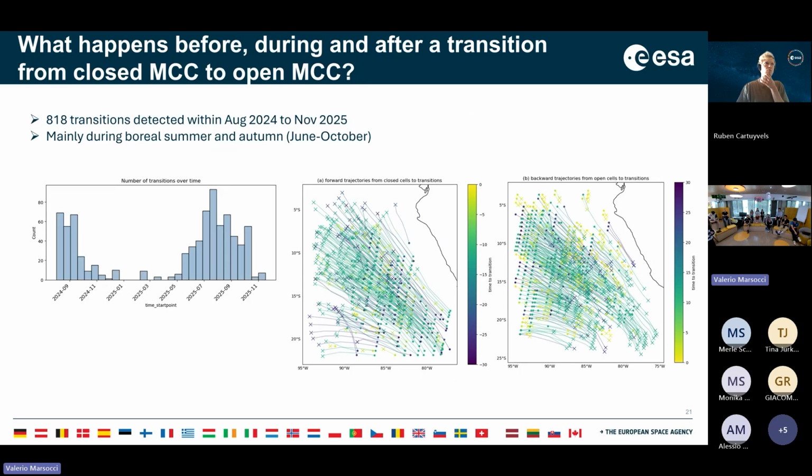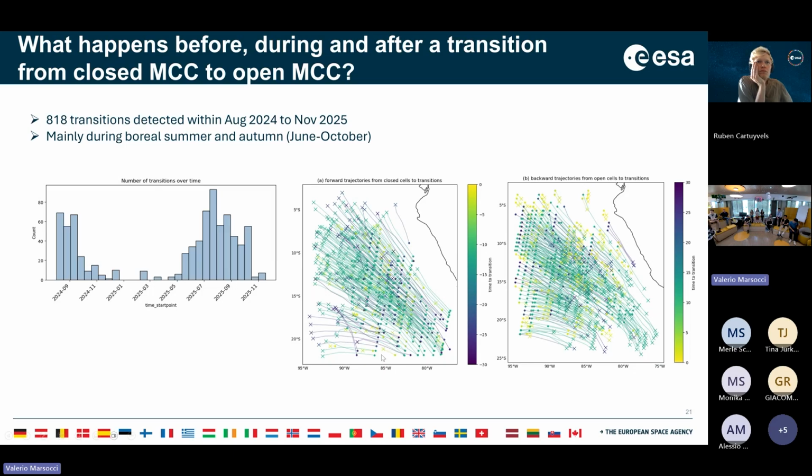These plots show all the transitions that I found in about 15 months of data. The left one shows that transitions are mainly found during the summer and autumn months, and the right plot shows the trajectories of the clouds for which transitions were found.